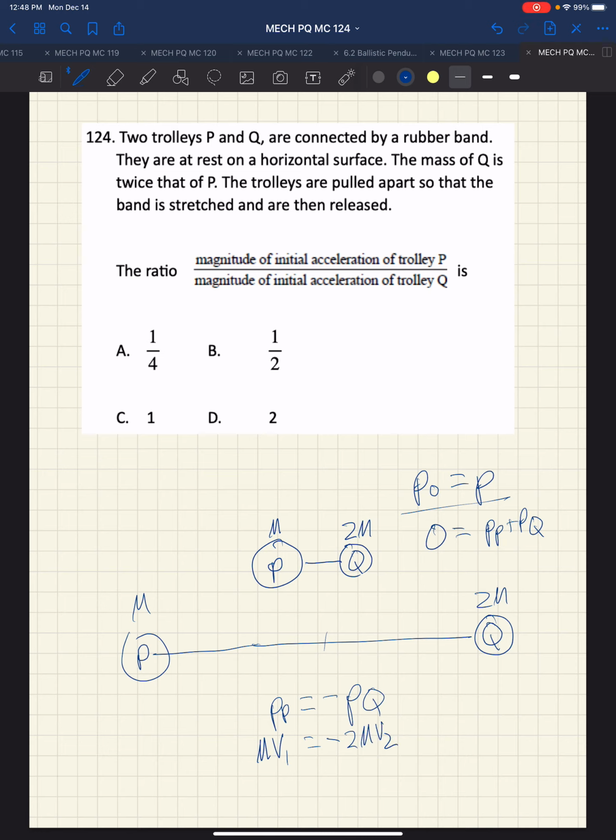And what we want to know is the ratio of P to Q. So let's get P to Q first. So V1 is minus 2 M V2 over M. The M's cancel. And so the ratio of V1 to V2, bringing V2 over, is minus 2.